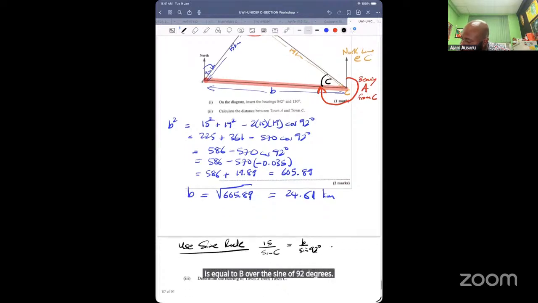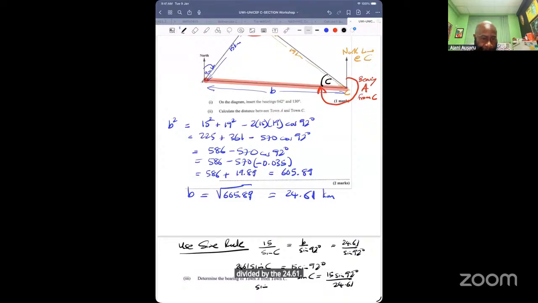And B is what? 24.61 over the sine of 92 degrees. Now we can make sine C the subject. If we cross multiply, sine C times 24.61 is equal to 15 sine of 92 degrees. So sine of C is equal to 15 sine of 92 degrees divided by 24.61.